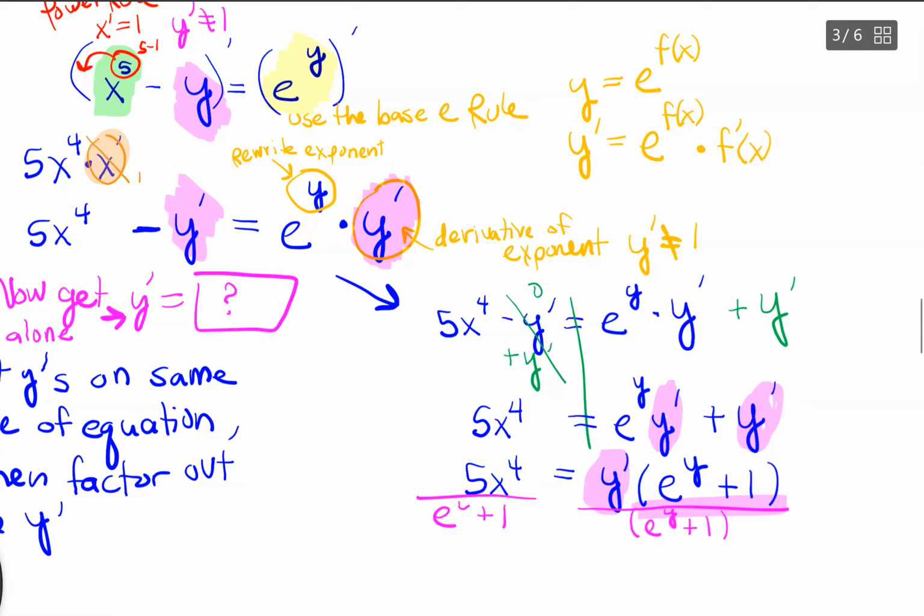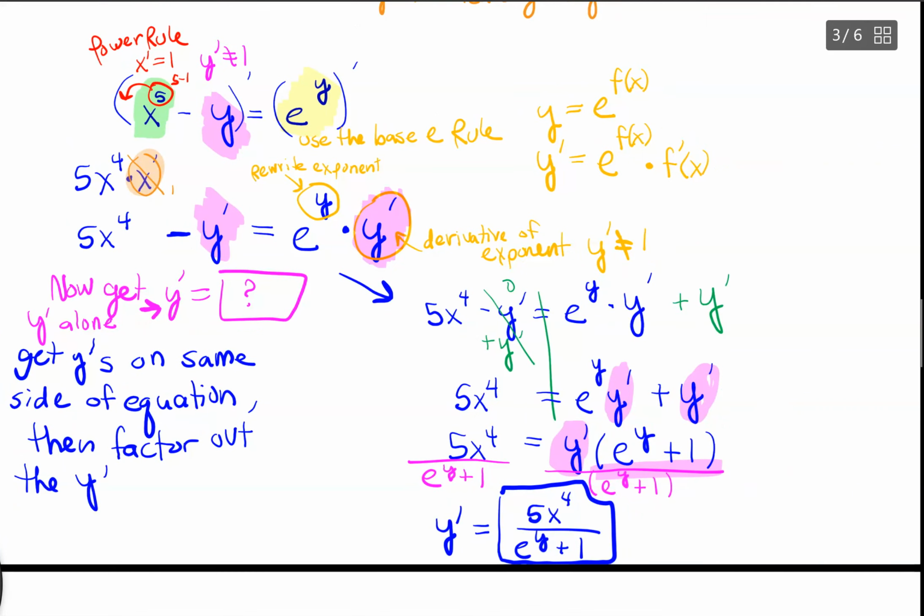Then I get y prime is this numerator over that binomial denominator. So I was just doing algebra. I got y primes on the same side, factored it out to one location, divided off the binomial to get it alone.